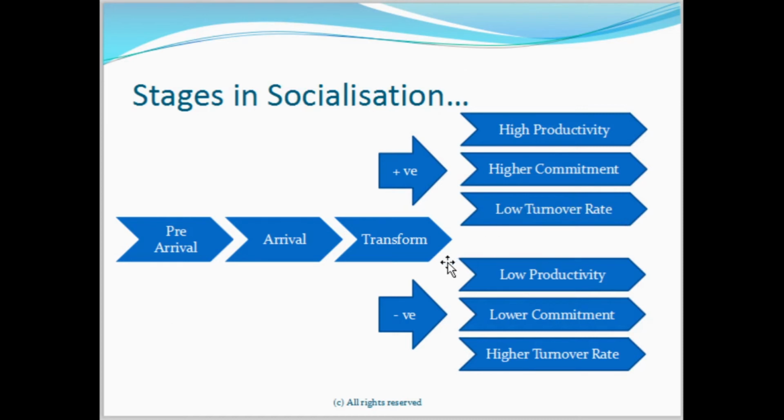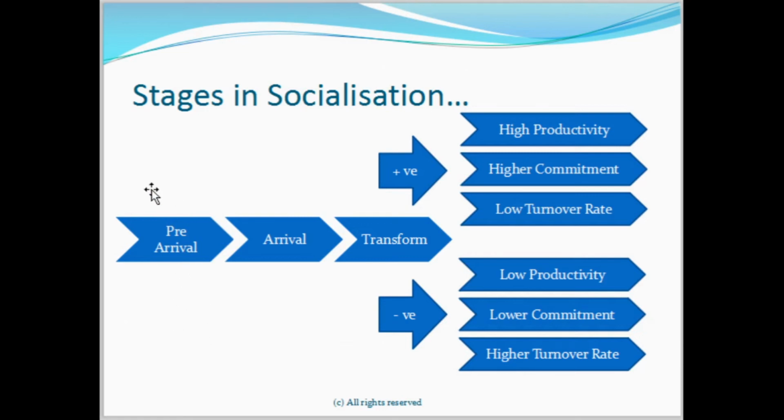However, in case of a negative transformation of a new employee, we will observe low productivity, lower commitment, higher turnover rate, and related outcomes. Okay, now please understand, when we are referring to the stages in socialization, pre-arrival is not exactly a stage of the socialization.